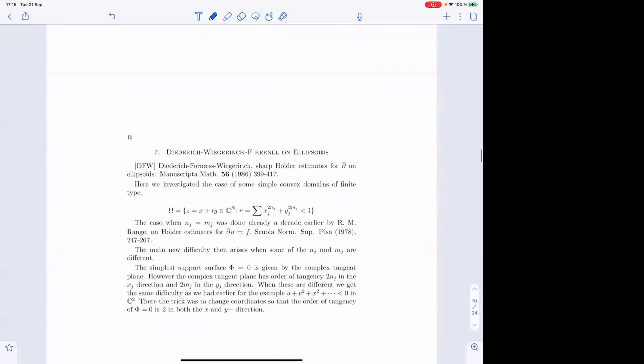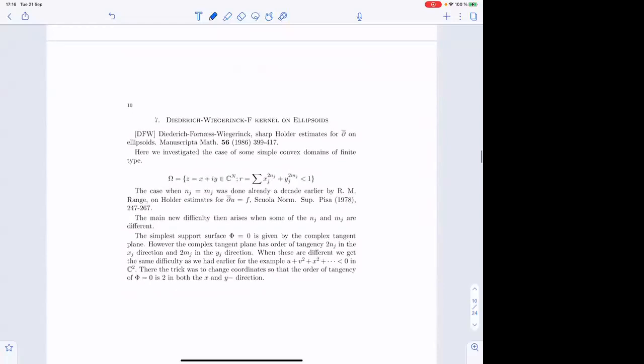So here is one paper that I wrote with Diederich and Wigerink on ellipsoids, sort of flattened ellipsoids, I guess one should say. So in other words, you have simple convex domains of finite type that are given by a sum of powers of the coordinates less than 1.